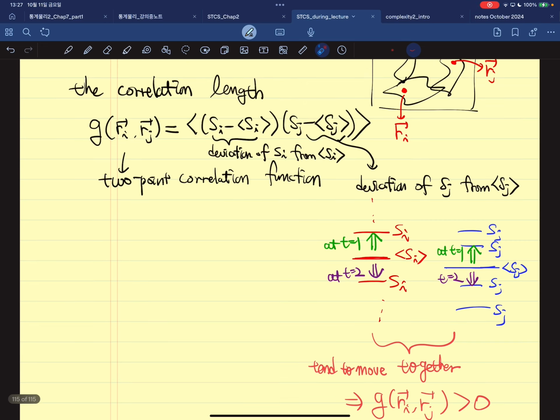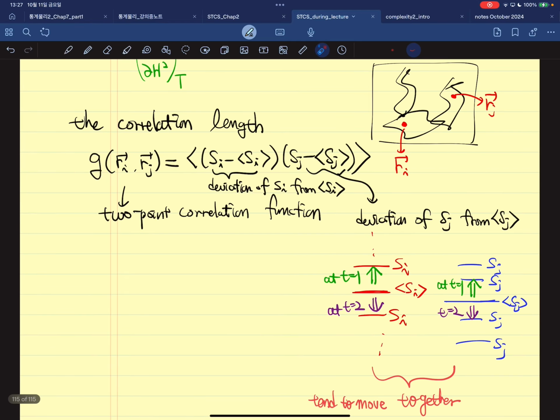And if you digest this concept clearly and look at this Ising model problem again, you now get some idea.